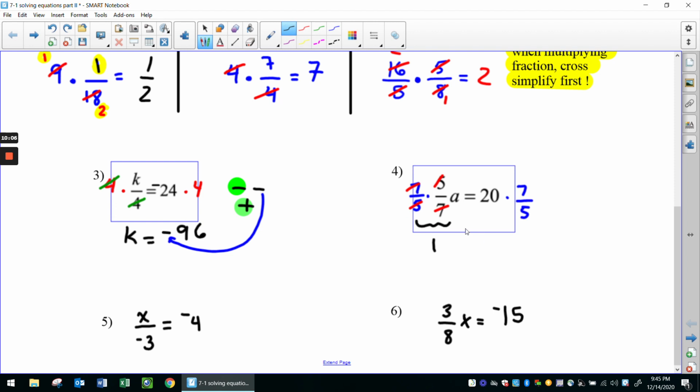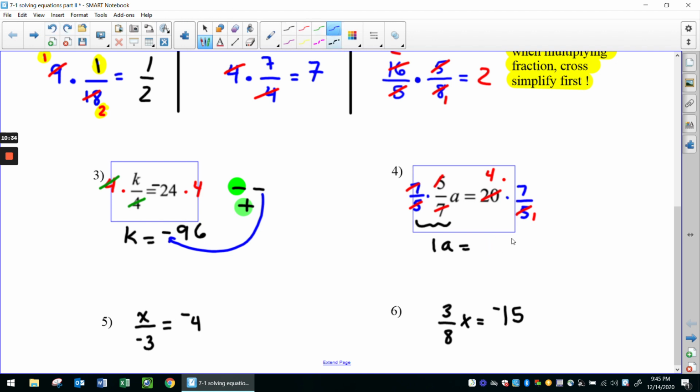So great. So this becomes 1a is equal to 20 times 7 over 5. I notice right away that 20 and 5 can cross simplify. So 5 goes into 5 once. It goes into 20 four times, right? So then 7 times 4 is 28. And there you have it. So a is equal to 28.